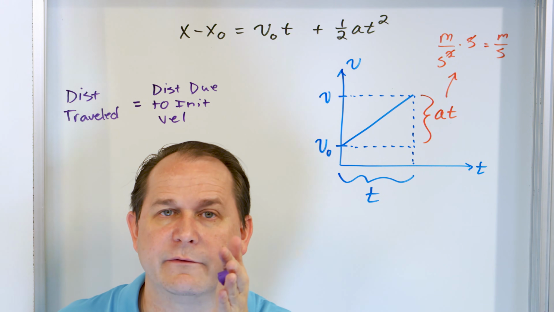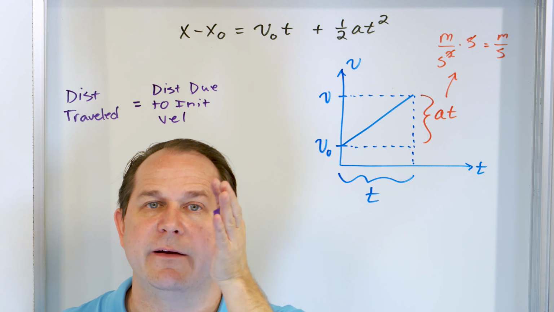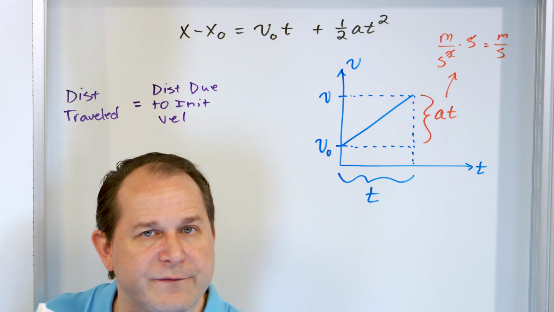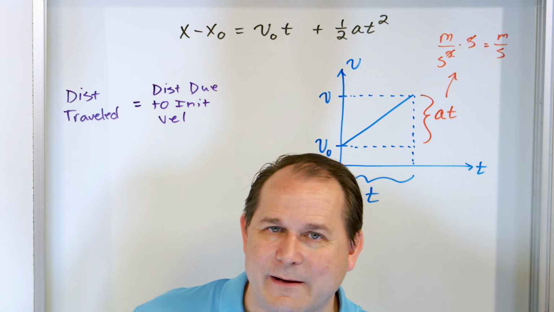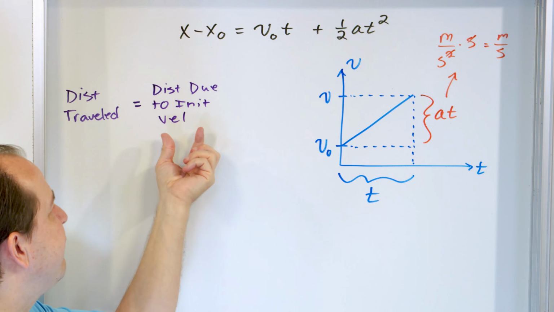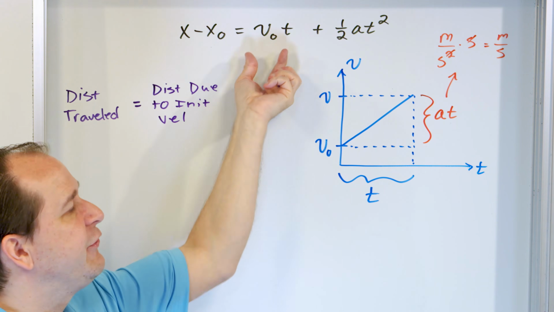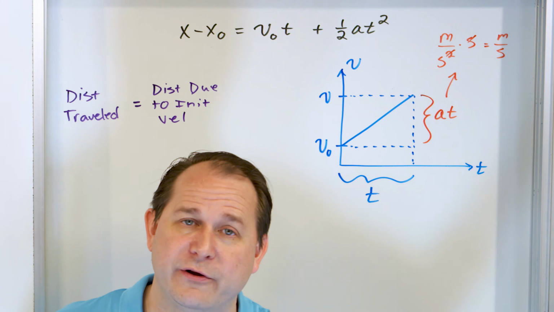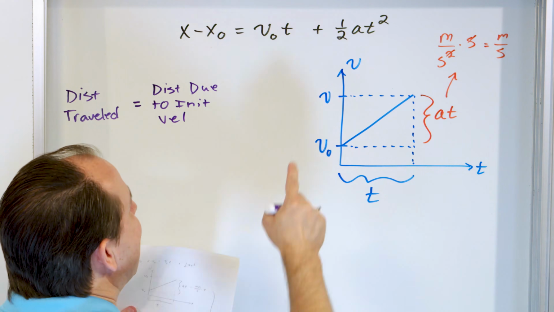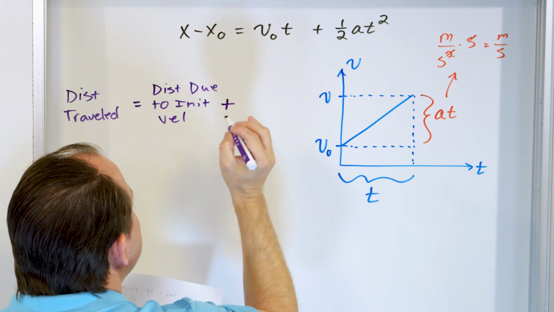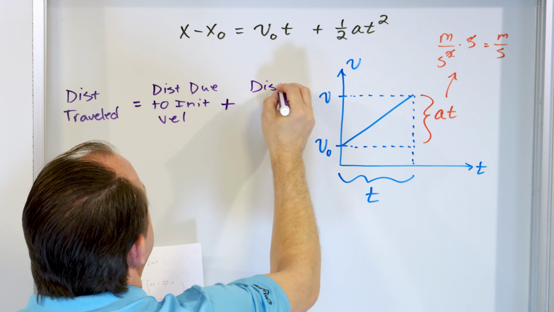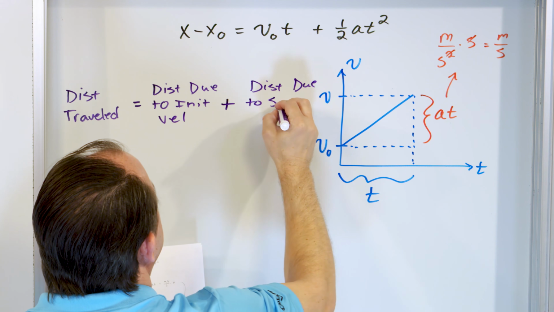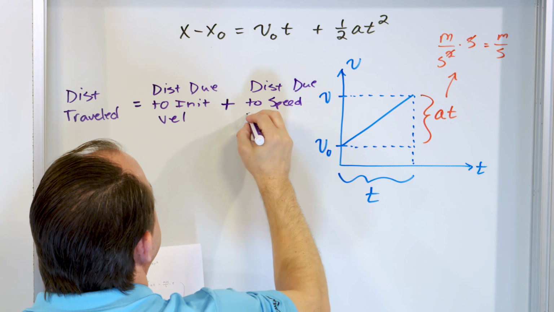So if it starts out at time zero at 2 meters per second and then accelerates, well, there's the initial velocity and then there's the speed that you picked up. So this is the distance traveled only due to the initial speed that you had. That's part of the distance you travel, but the other part of the distance is this thing. This thing I'm going to show you in just a second. This is the distance due to speed increase.